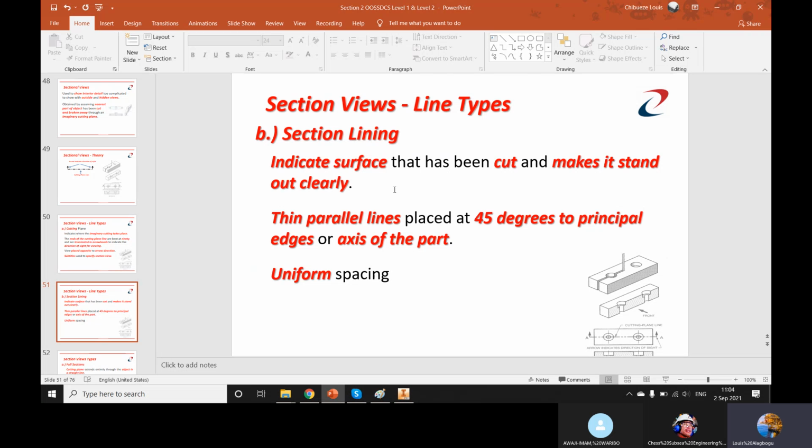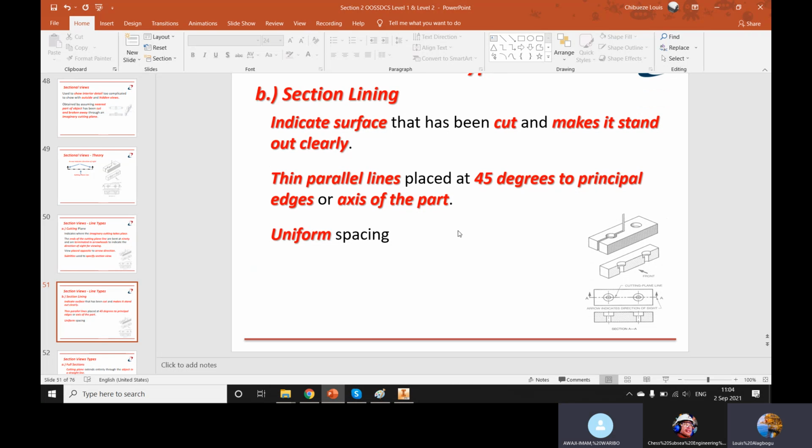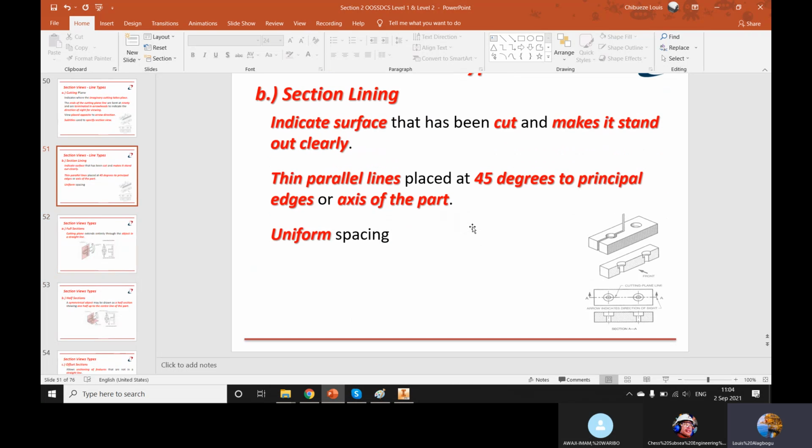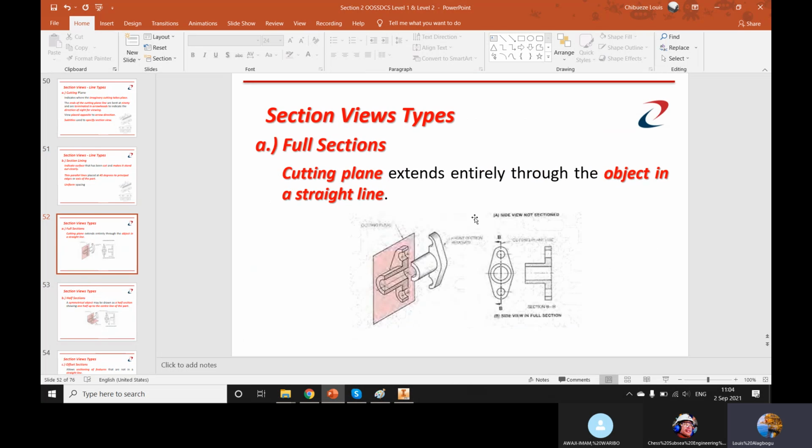So the section lining indicates the surface that has been cut and makes it stand out clearly. They are thin parallel lines placed at 45 degrees to the principal edges or axis of the part, and they are uniformly spaced. That's the hatching we're talking about. The hatching is usually done at 45 degrees, uniformly spaced. And that's the good thing about using CAD now. It just makes all these things easier.